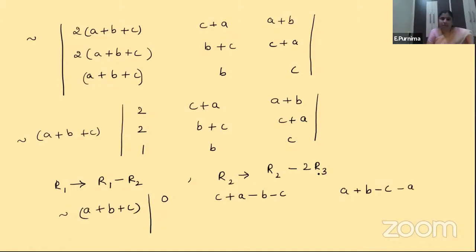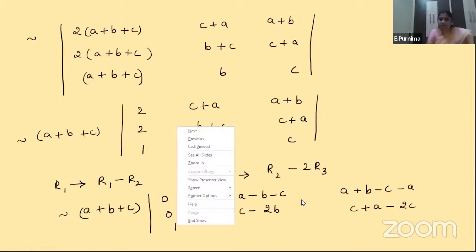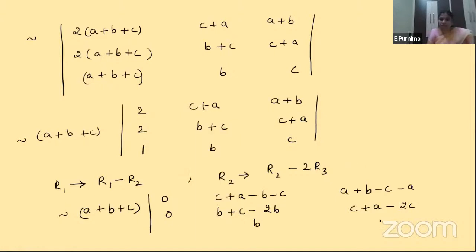So 2 minus 2 is 0. Here, B plus C minus 2 times of R3. So in R3 what do we have? B we have. It is 2B. And here, C plus A minus 2R3. So it is 2C. And there is no change in R3. I am keeping these elements as it is. 1, B, C.